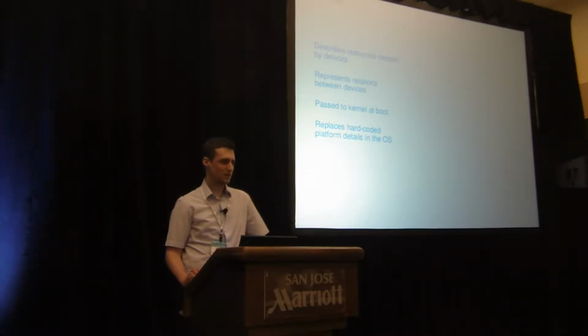Another kind of information, a bit less common but also possible, is representing relations between devices, such as display controllers and display panels, or camera interfaces and camera sensors. Such a data structure, packed with a lot of interesting data, is passed at boot time to the operating system by the bootloader and other kinds of firmware, so that all the platform-specific data is separated from the operating system image.